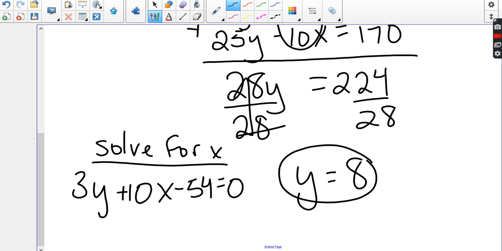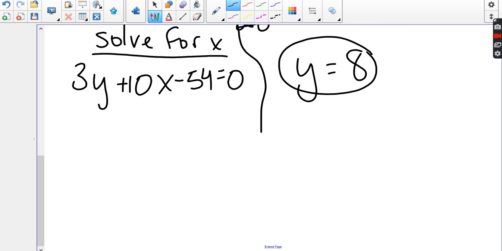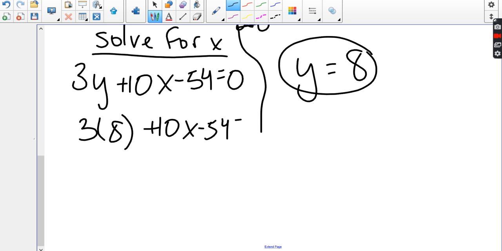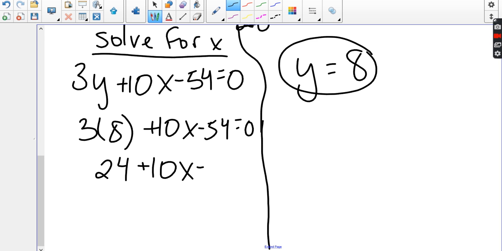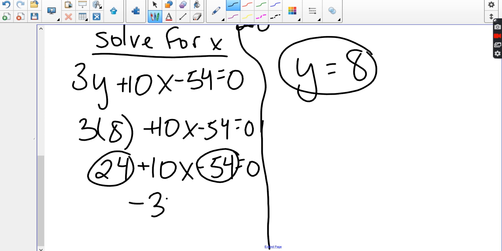I eliminated x, so I got y, so now I need to solve for x. So I'll put in the value that I got for y, which is 8. Okay, and so now I have 24 plus 10x minus 54 equals 0. I could combine 24 and negative 54, and that would be negative 30. So negative 30 plus 10x equals 0.